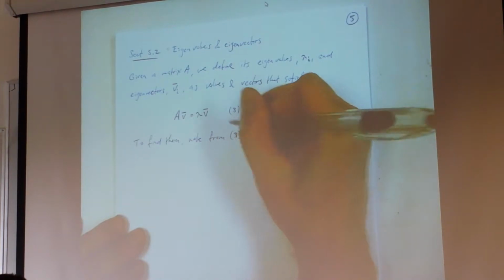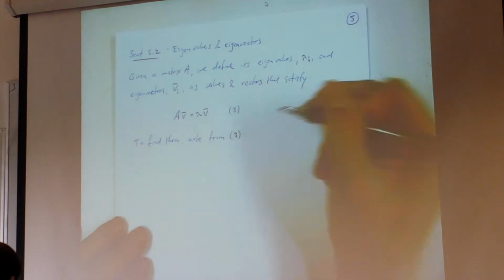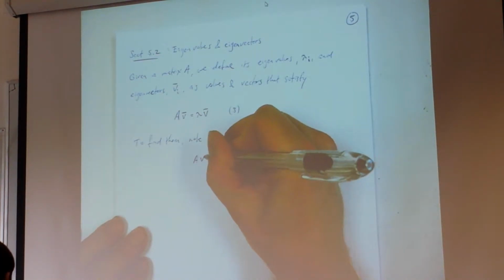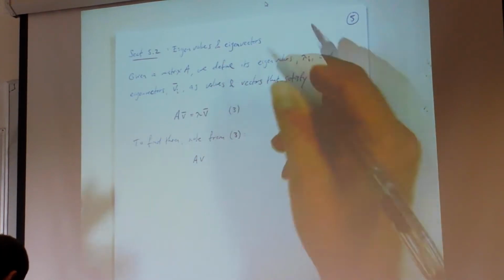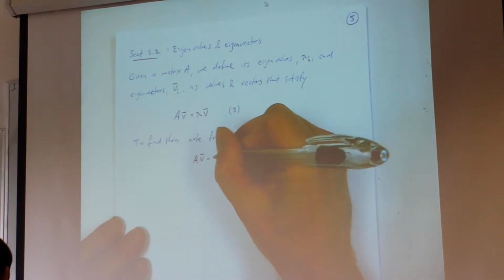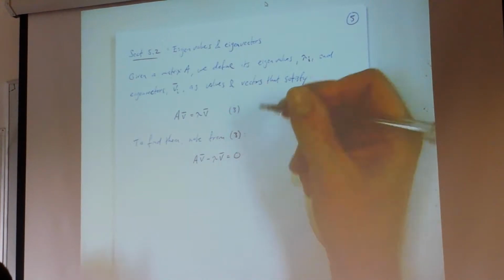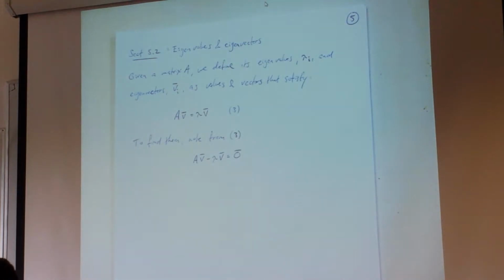From equation 3 right there, I could subtract lambda v from both sides. So a lot of things you could do, algebra, linear algebra, a lot of the same, addition, subtraction. I could subtract lambda v from both sides, and that's equal to 0, but the 0 vector, right?